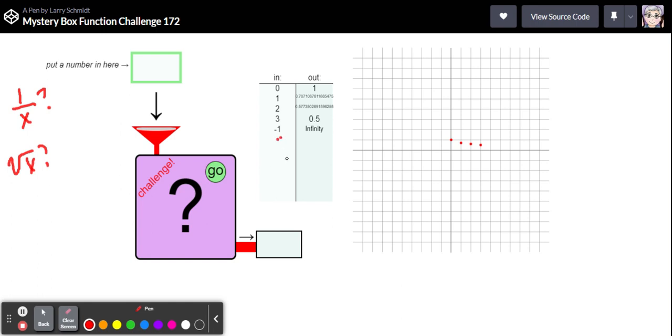The fact that we have a -1 giving us the infinity means that if this is a rational function, on the bottom we've probably got a +1 somehow. So x plus 1 on the bottom. If you put in a -1, you get 0. I don't think this is it though. I think square root is involved somewhere along the way.